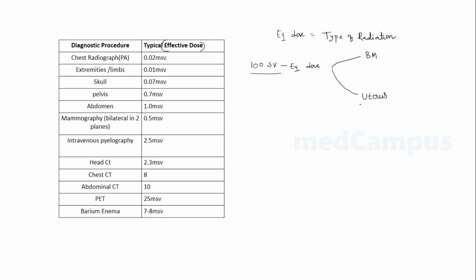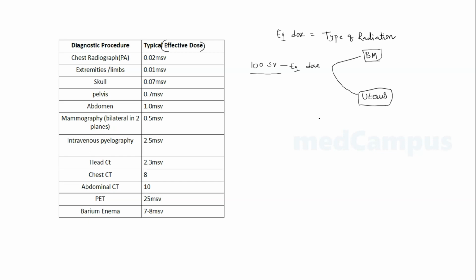We all know uterus is a radio-resistant organ like vagina. Bone marrow and blood cells are highly radio-sensitive. For example, 100 sieverts of equivalent dose can actually damage bone marrow rather than uterus, because uterus is radio-resistant. But we don't know how much damage it causes.